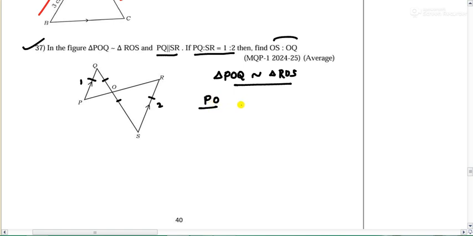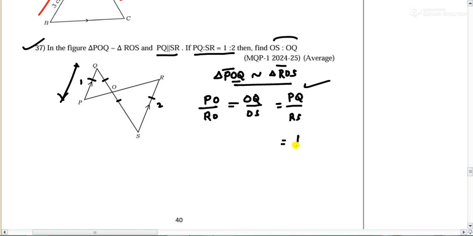PO by, tell me quickly, I will not tell. PO by what? RO, good. OQ by OS. PQ by RS. These three are equal. Now based on the criteria, substitute the given data. PQ is given, so this one you can take. PQ is how much? 1.